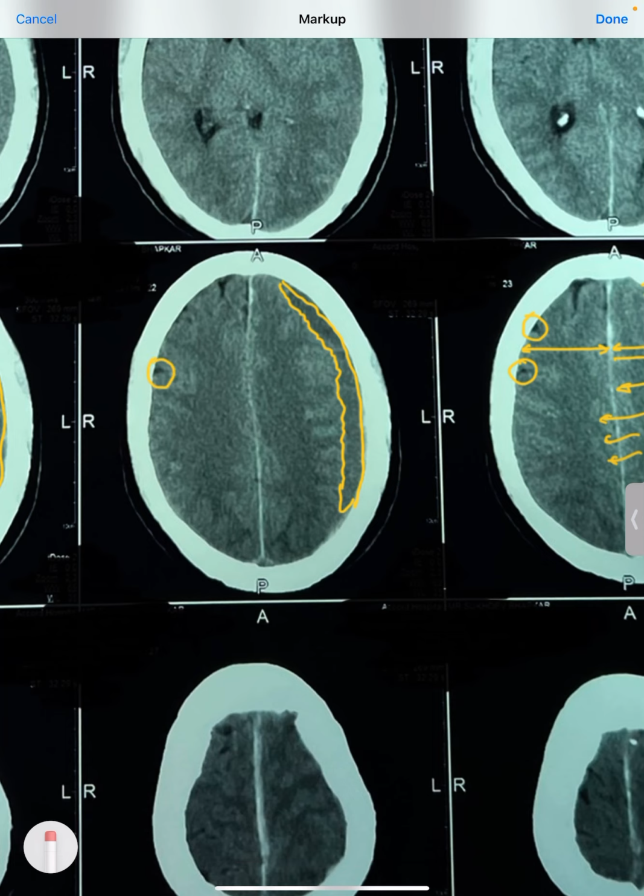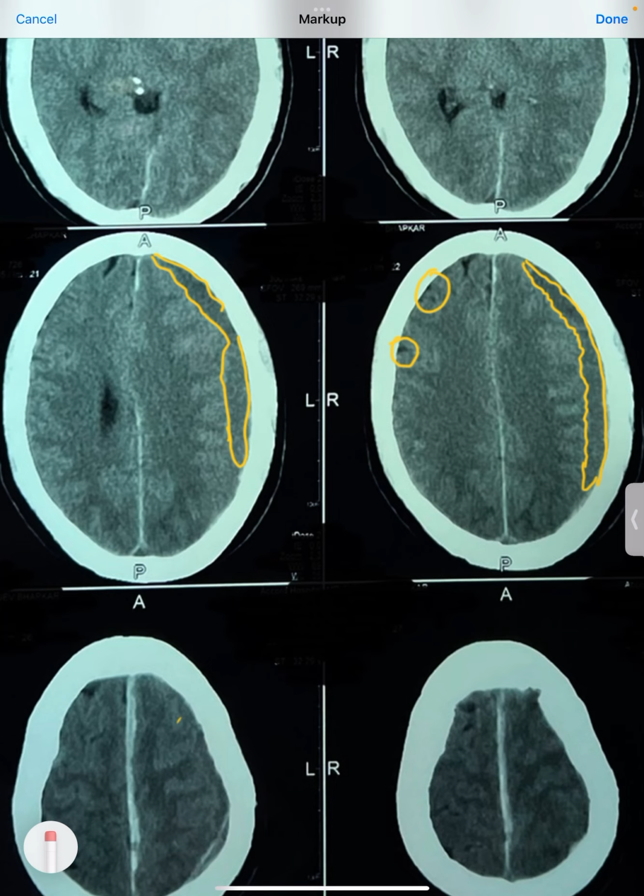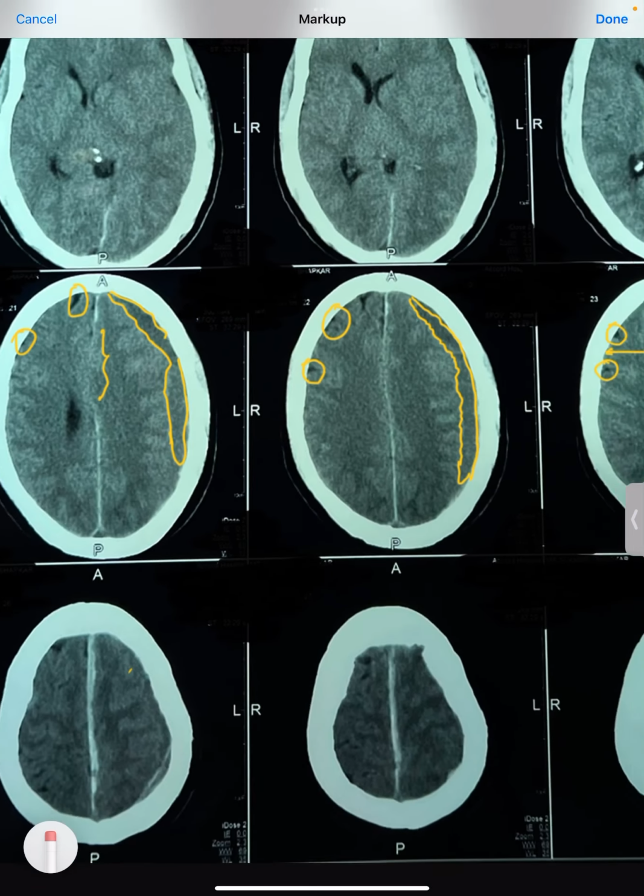Here the sulci are very much prominent, crystal clear, but on the left side it is not. We can see the blurriness here because that is all pushed to the right side.